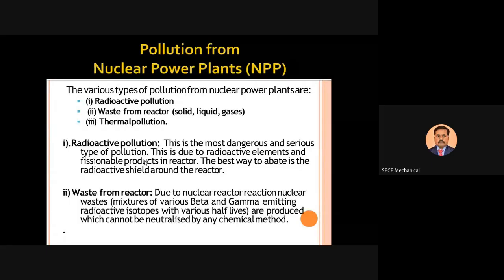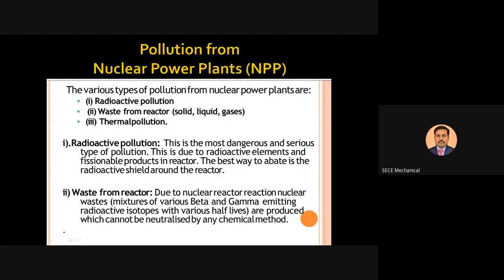Due to that, a lot of radioactive pollution may arise. If we do not control the disposal of radioactive material, it will create a heavy impact on the environment.